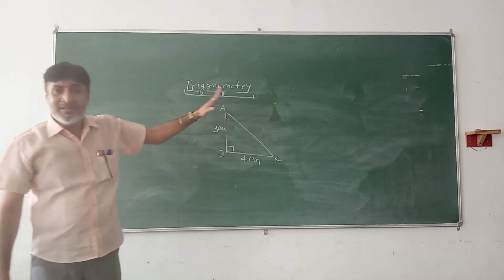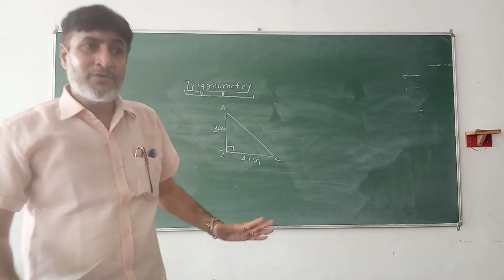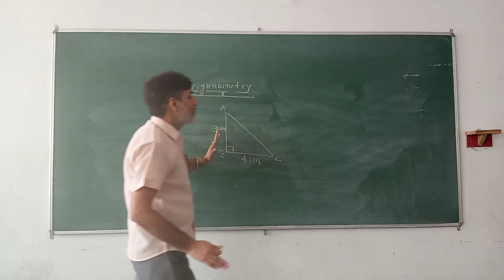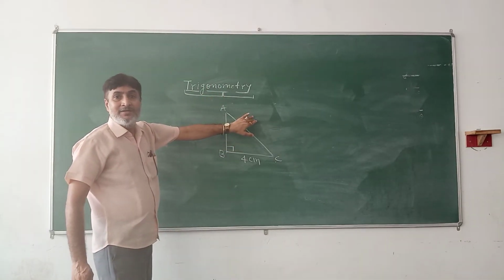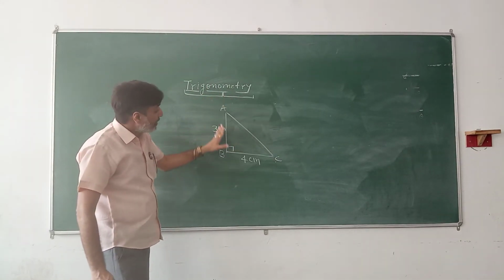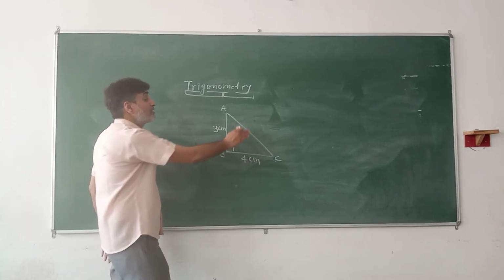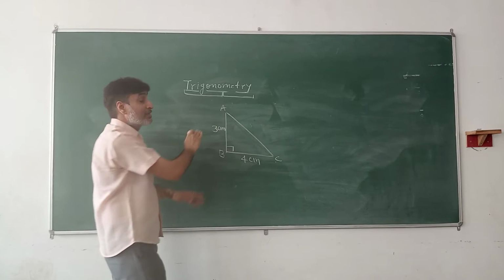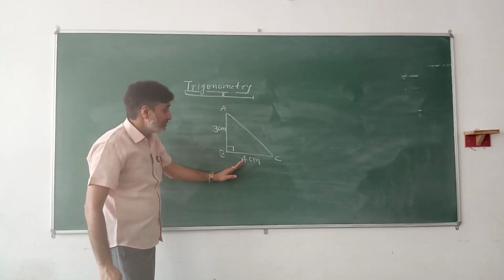Here in this problem, first of all, we apply Pythagoras theorem to find the third side of this triangle. As we know, in case of a right triangle, the square of the longest side, the hypotenuse, equals the sum of the squares of the other two sides.